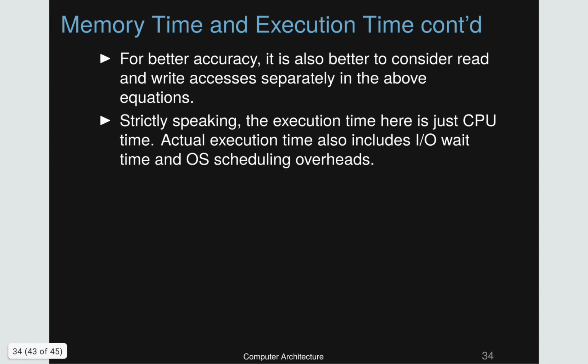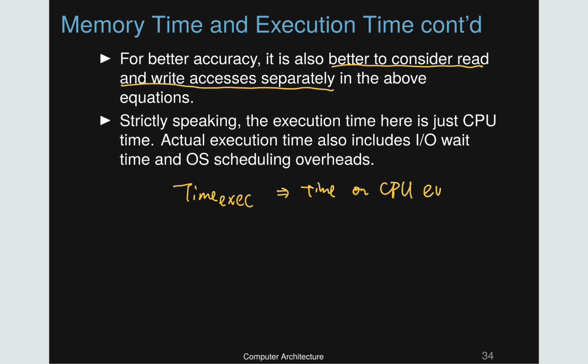And also, the previous equation is just an approximation. For better accuracy, it is usually better to consider read and write accesses separately, so you can have a more accurate counting of the cycles. And strictly speaking, the time that we talk about here, exec, is only the time of CPU execution.